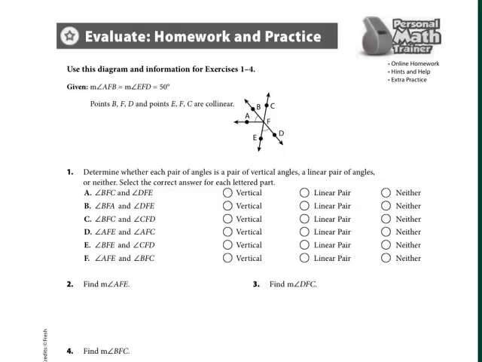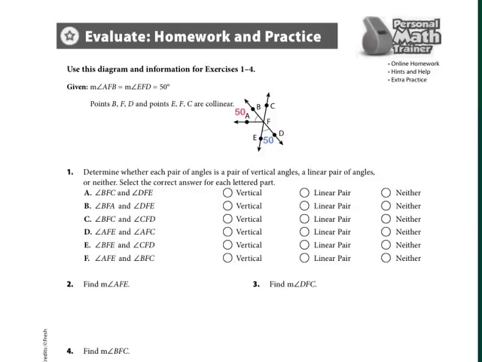letter A. According to the diagram up above, the measurement of angle AFB is equal to the measurement of angle EFD, and both of those angles are equal to 50 degrees.